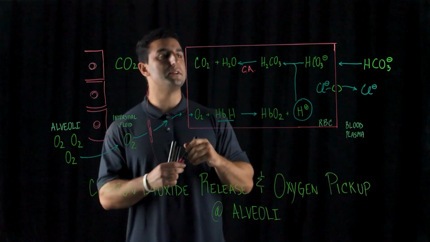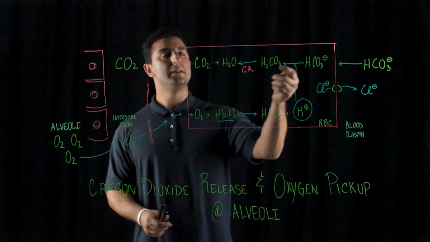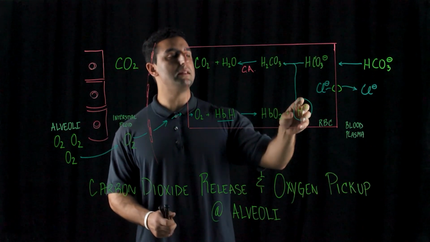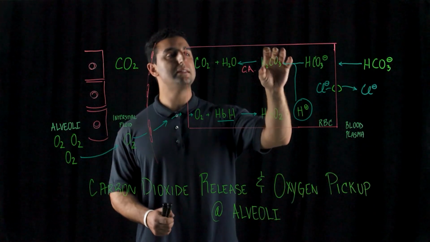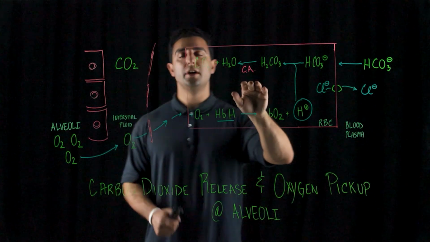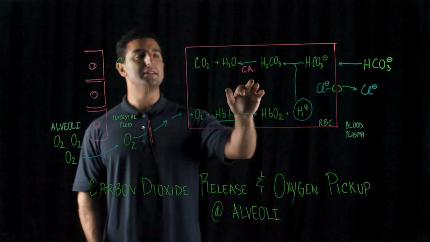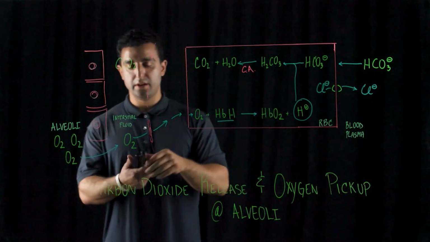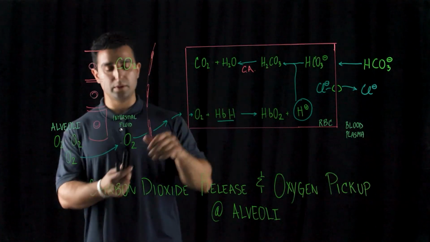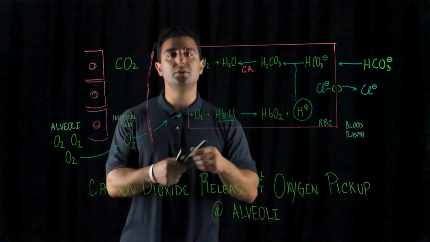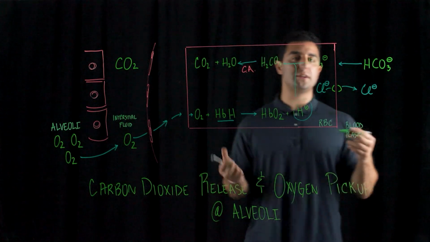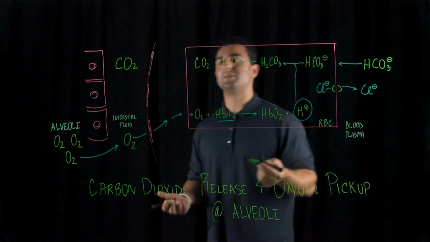Carbonic anhydrase converts the carbonic acid, made from the bicarbonate and the hydrogen, into carbon dioxide and water, with the help of this catalyst. Now you have a high concentration of CO2 in the red blood cell, and this CO2 now needs to be released. The way it's released is through the respiratory system, through the process of expiration. We let it out.